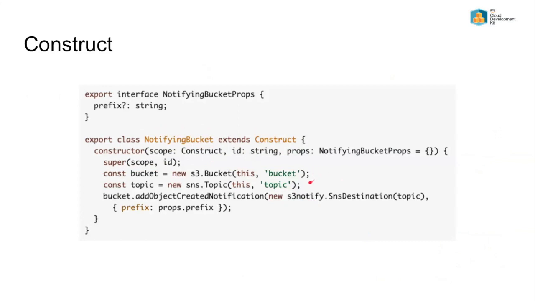One is a bucket and another is a topic, SNS topic, and we are taking advantage of the second level construct to use a method that allows us to notify the SNS topic when some events happen in the S3 bucket.